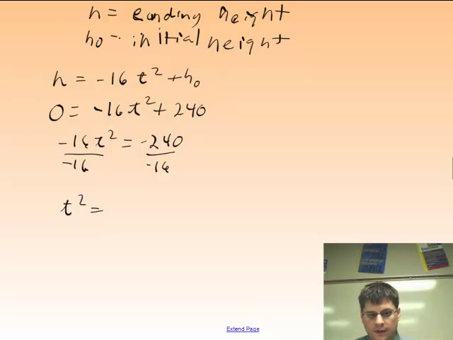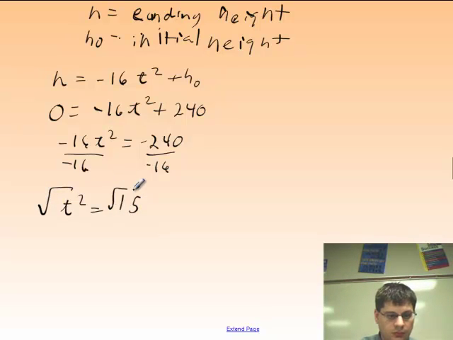So it's going to be 15 even. And now we just take the square root of both sides, keeping in mind it could be plus or minus. So t is equal to plus or minus the square root of 15.